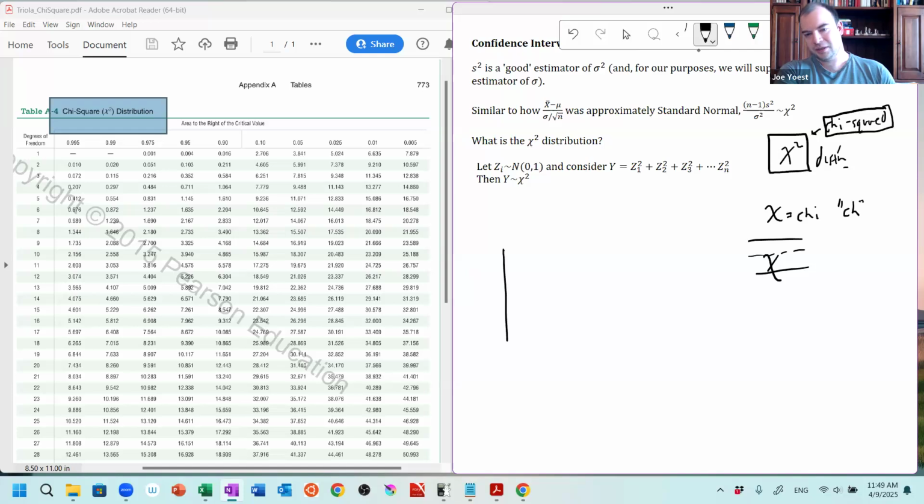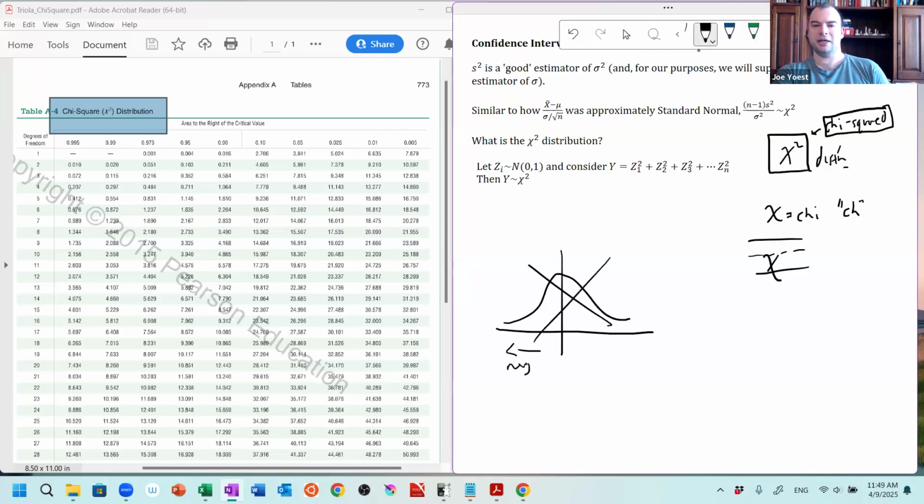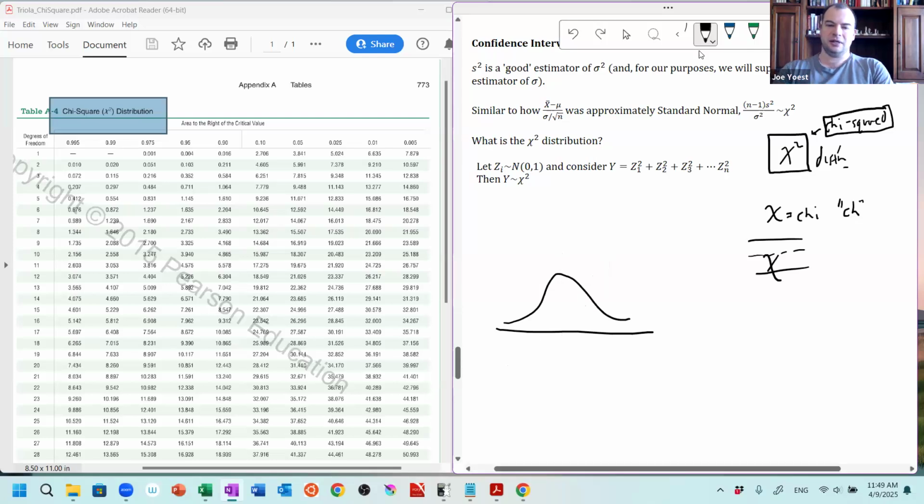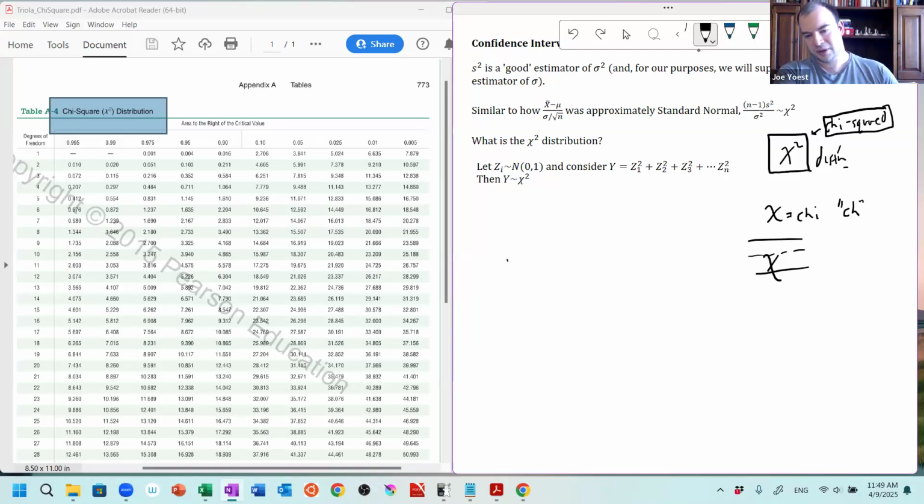So what does it look like? Well, first off, it does not look like this. Well, because this has negative stuff, right? And if I square a bunch of stuff, it's non-negative. And then if I add it together, it stays non-negative. So it's not going to have this bell curve shape to it. It's not going to be symmetric about 0.